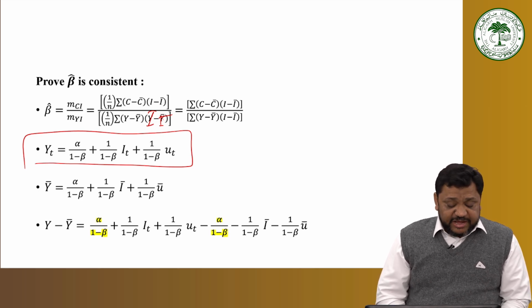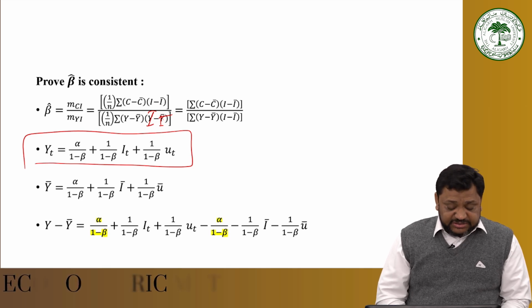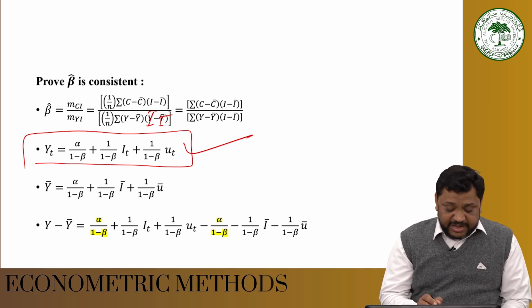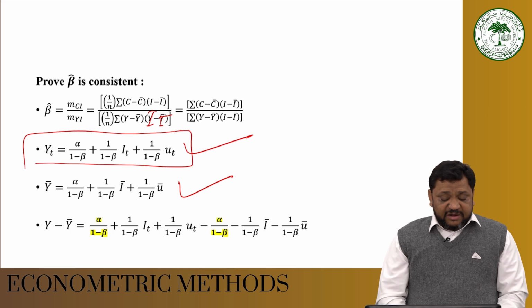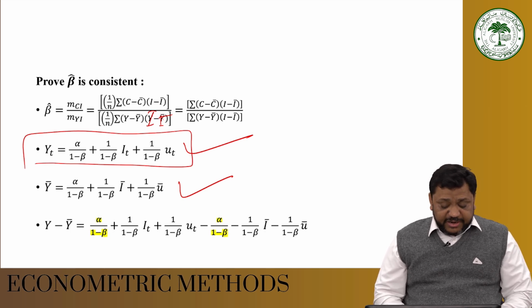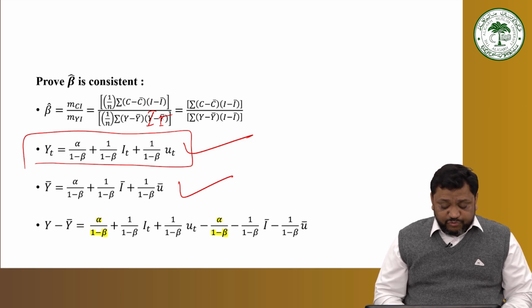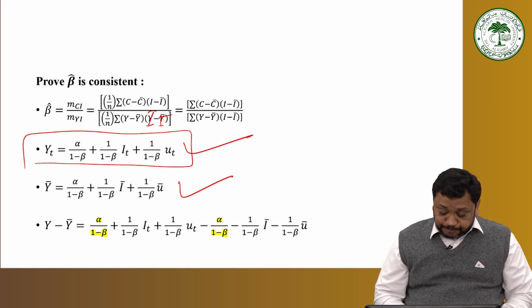So now we can find yt minus y bar. We have just written the function for yt and the function for y bar. So y minus y bar is, we take the first term alpha divided by 1 minus beta plus 1 upon 1 minus beta it plus 1 upon 1 minus beta ut minus alpha divided by 1 minus beta minus 1 upon 1 minus beta I bar minus 1 upon 1 minus beta U bar.